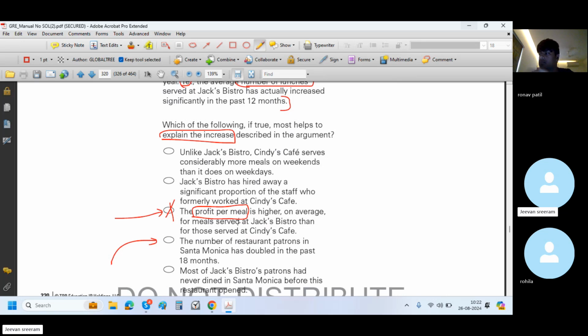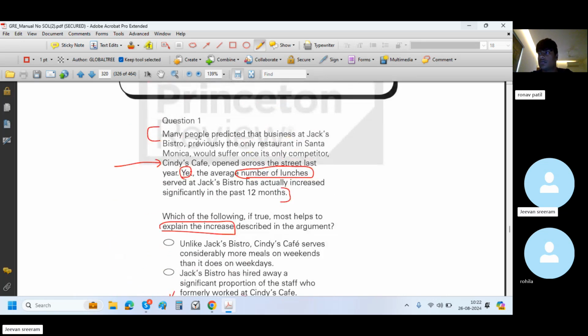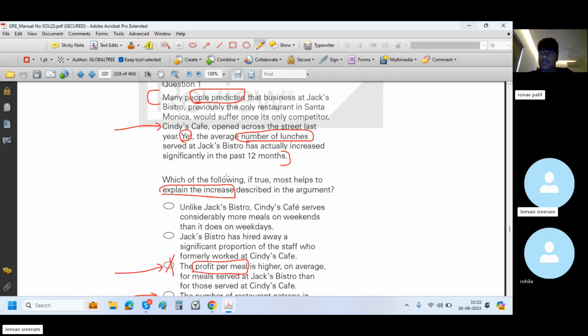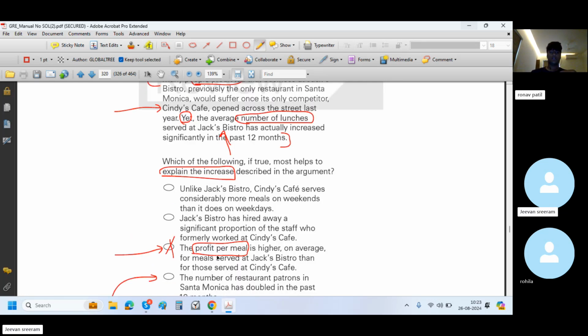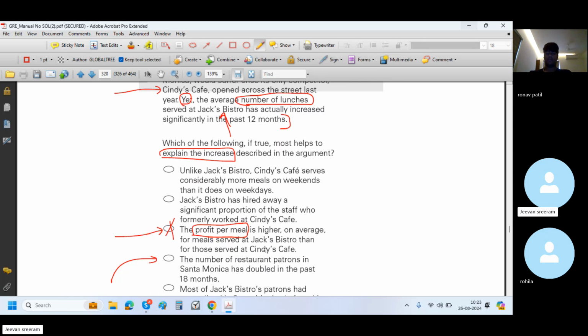That might happen, the prediction might arise. And this is also possible: the number of restaurant patrons in Santa Monica has doubled in the past 18 months. So in this case, the opponent's cafe can get more number of sales, and you can even reason why Jack's Bistro has got more number of sales. The number of restaurant goers has increased in that area.